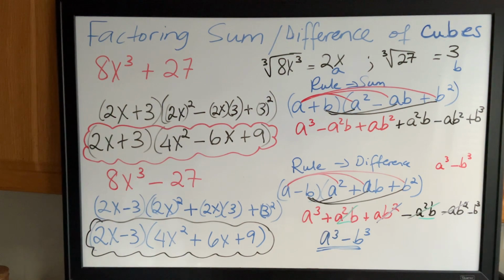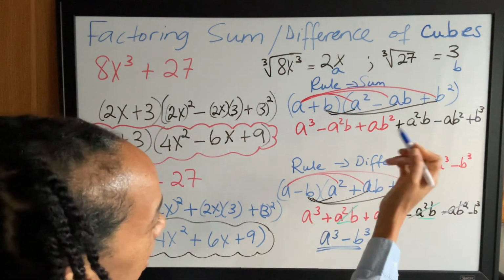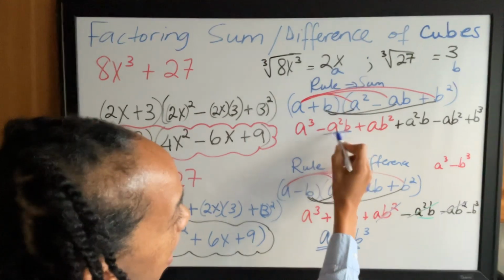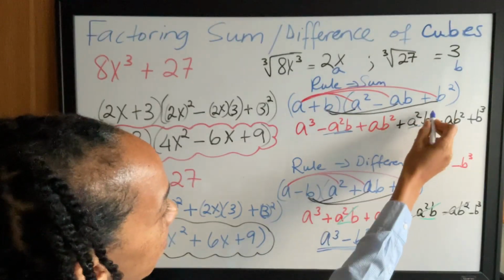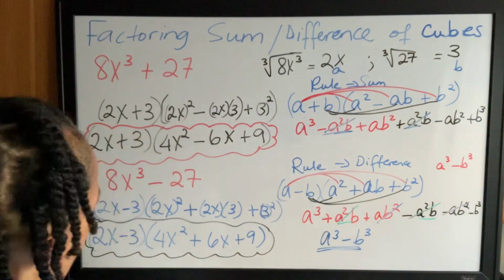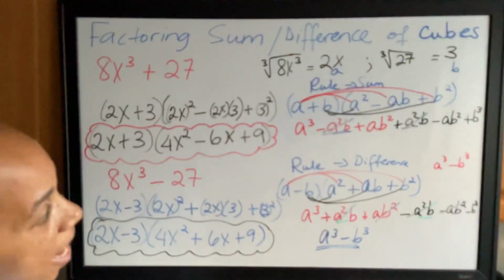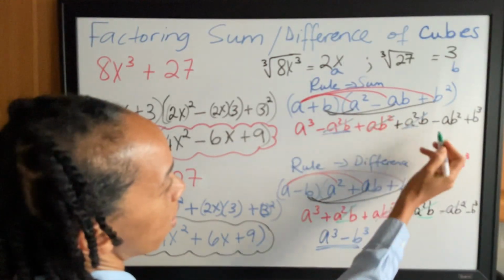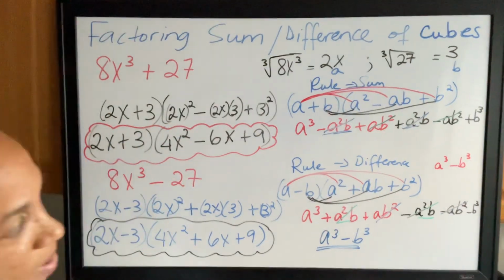Now I'm going to combine like terms, right? I'll get rid of the like terms, so I have negative a squared b here and a positive here. That's going to cancel out, right? That is going to be canceled out, and also the ab squared is going to be canceled out with a negative ab squared.